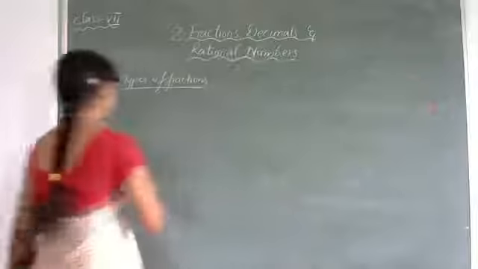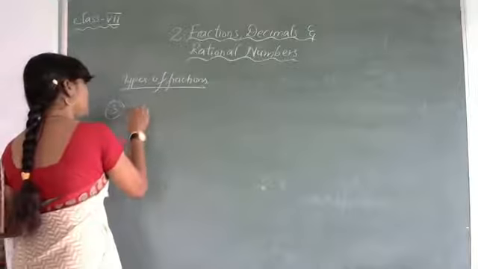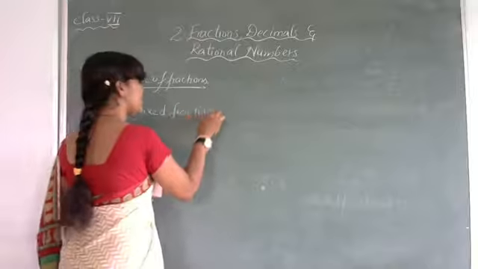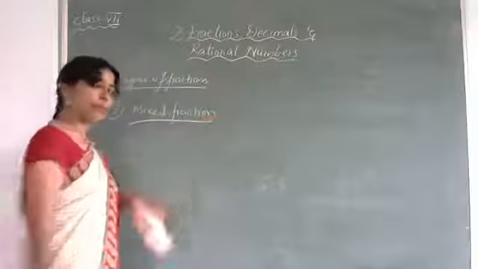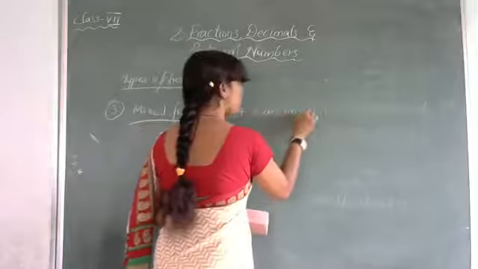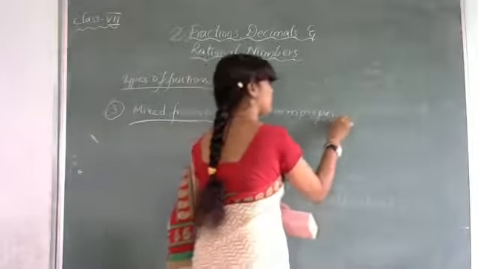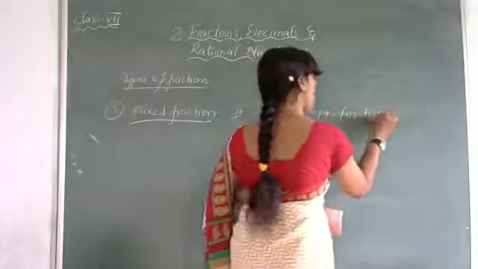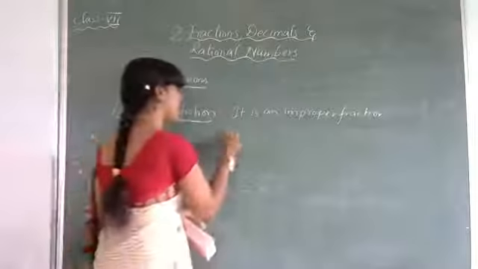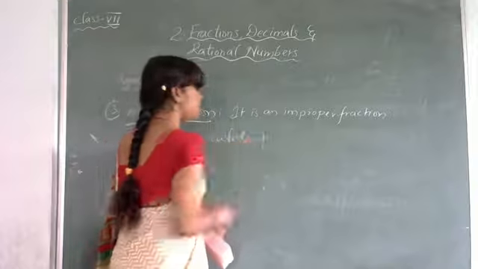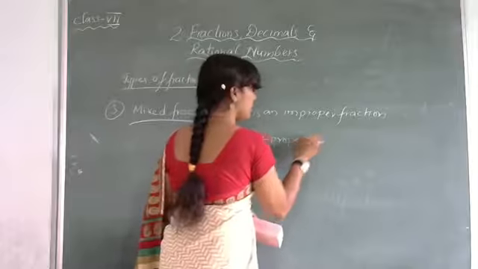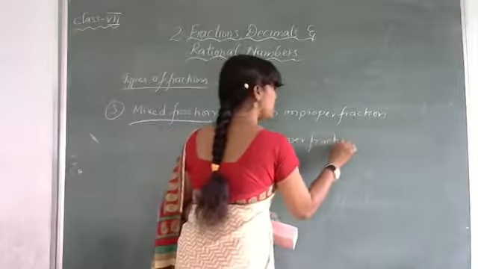the mixed fraction. Just now I said a mixed fraction is nothing but an improper fraction. It is an improper fraction, and it is a combination of a whole part plus a proper fraction.